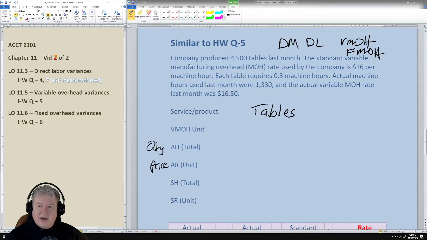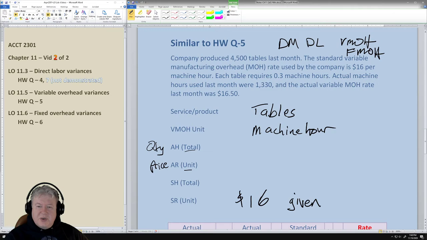So the standard rate, and keep in mind totals for the hours and units for the rate, is $16 per machine hour. The standard rate used by the company is $16 per machine hour. So the unit here is machine hour. And they give us $16 here, so this is given.